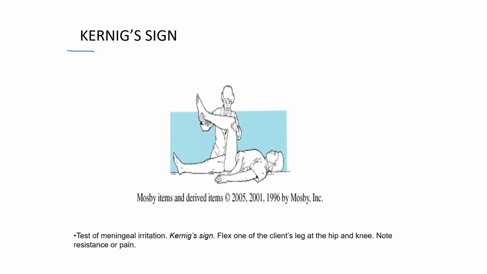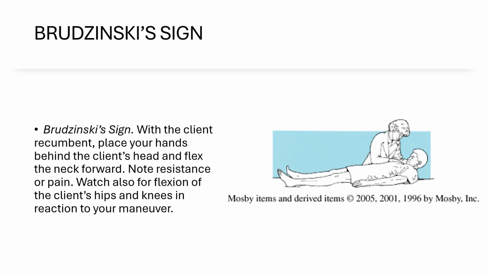And then next is Brudzinski's sign, and that is whenever you flex the neck and it causes the hips and knees to flex automatically. This is also a red flag of meningitis. So you place your hand behind the client's head and flex their neck forward.